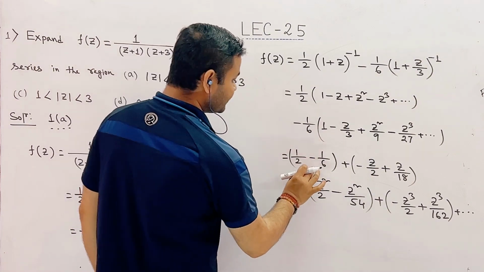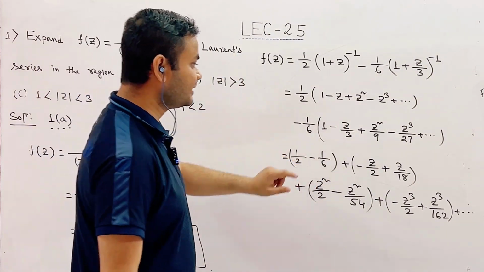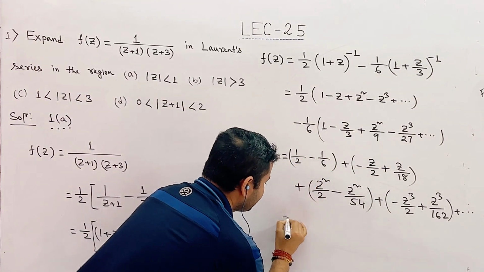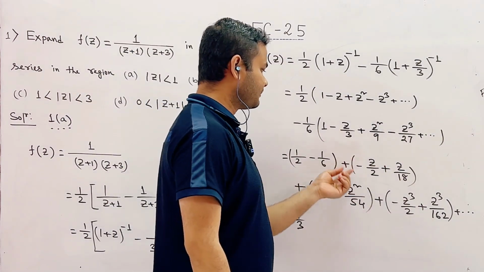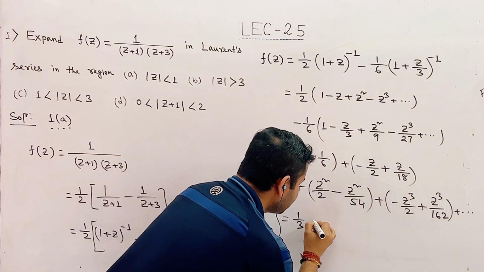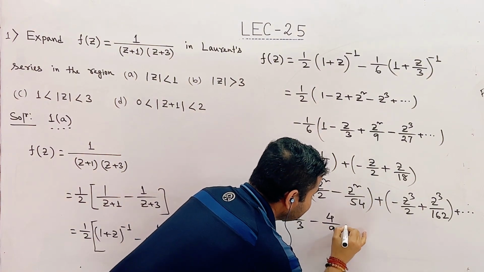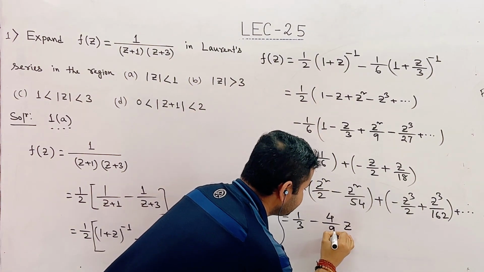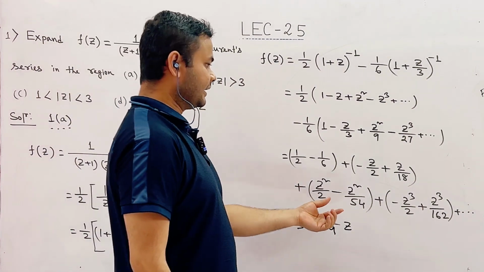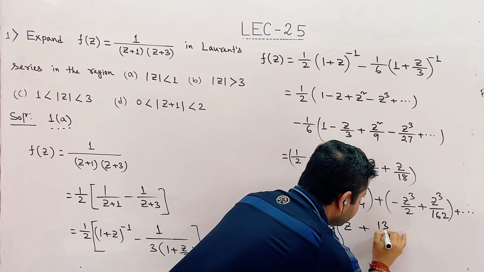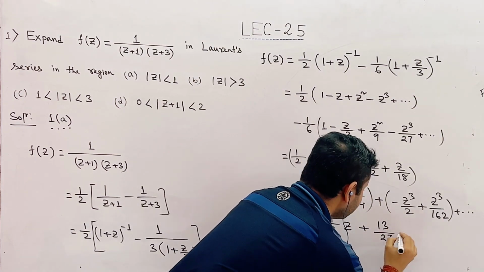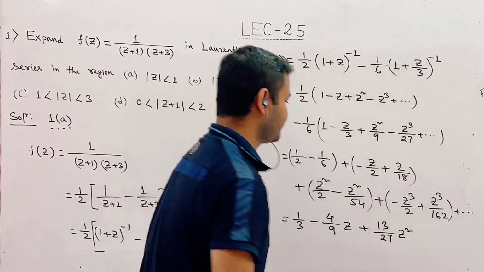First, let us simplify this term. After simplifying, we will get 1 by 3. Again, after simplifying this term, we will get minus 4 by 9 into z. Again, after simplifying this term, we will get 13 divided by 27 z square.